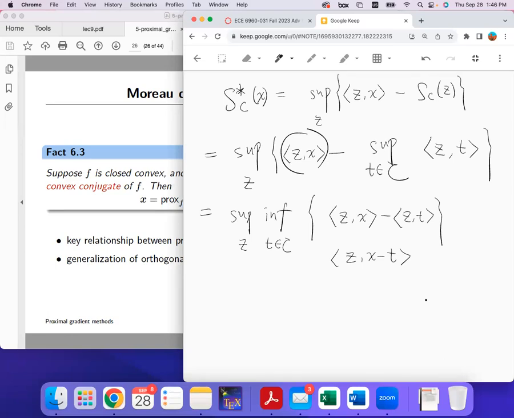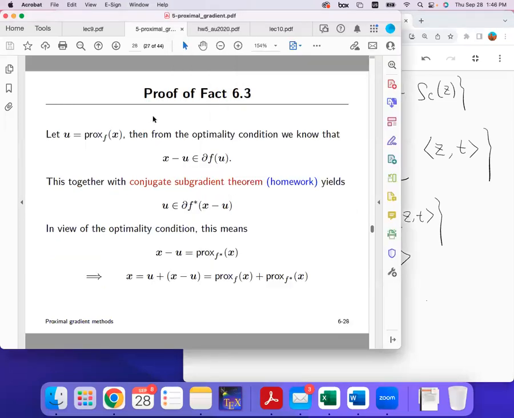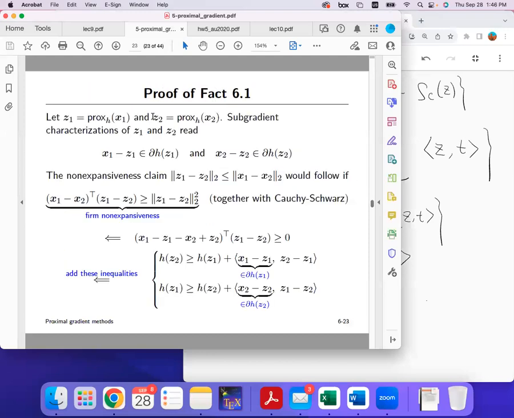Sorry to interrupt, but I'm still a little confused about what the support function is in the bigger picture of using these optimization algorithms.